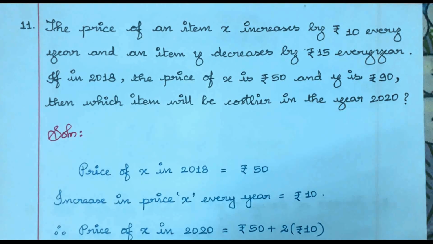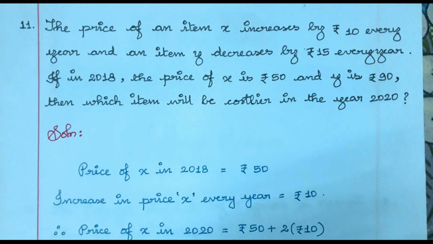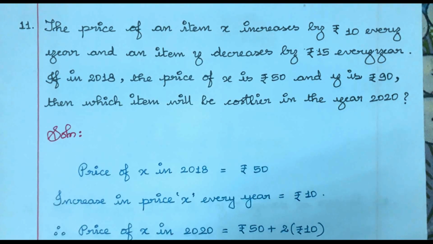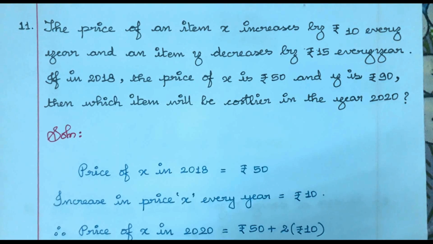Clear with the question: there are two items, one named X and the other named Y. The price of X is 50 and Y is 90, but every year the price of X is increasing by 10 rupees and the price of Y is decreasing by 15 rupees.